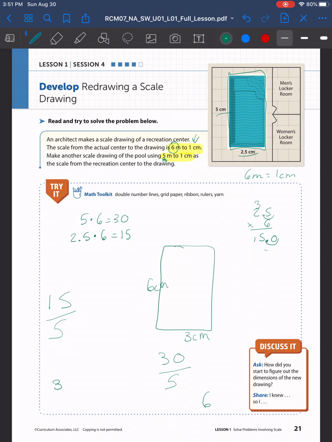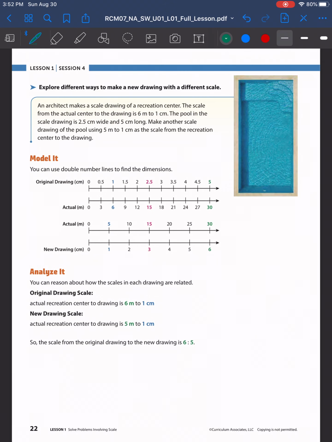It's still to scale. That's what's so funny, is we still kept it to scale because the new scale is 5 meters to 1 centimeter. How did we do that? Well, first we changed it to the actual using this scale factor that they gave us. And then I divided it by 5 to shrink it back down into my new scale factor, okay? We'll answer some questions about that over here.